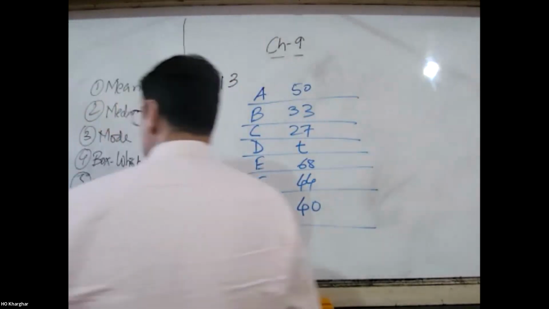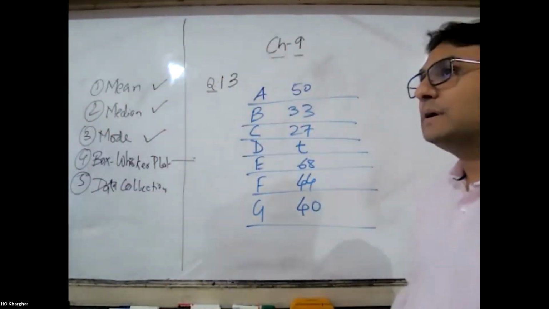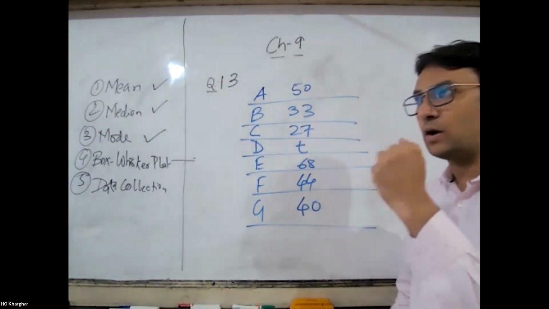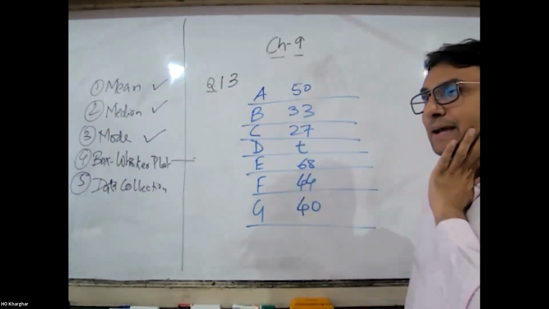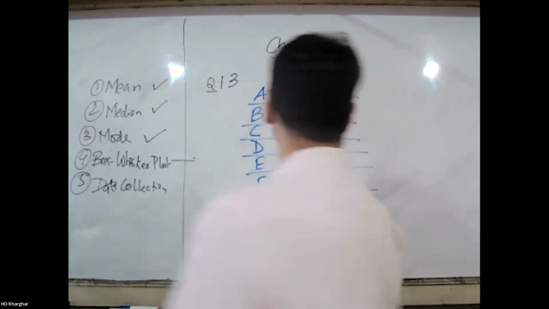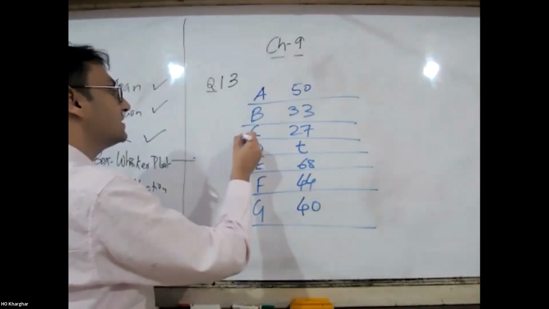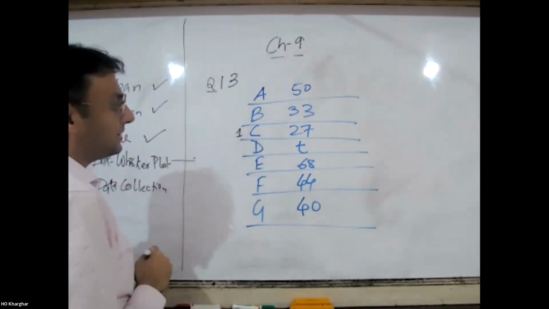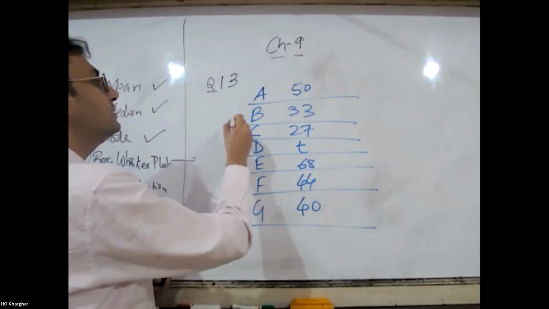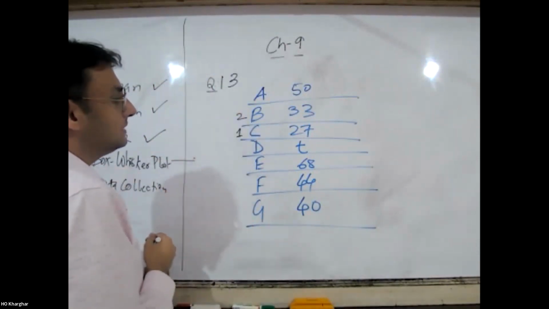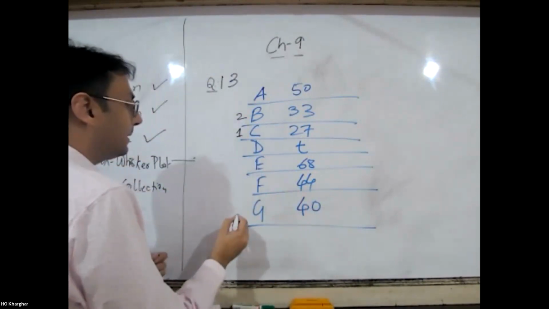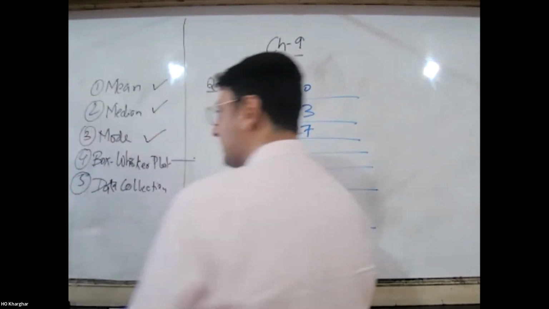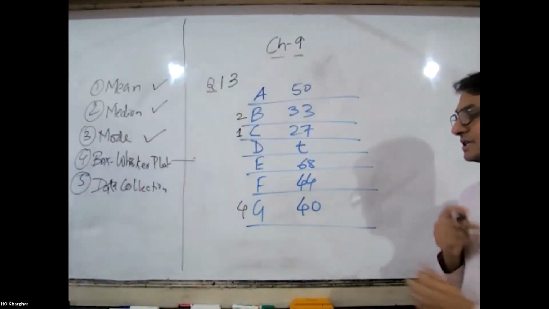If there are 7 cities, then if I arrange them in ascending order, the 4th city would give me the median temperature. Am I correct? So the lowest temperature is C, I'll call it city number 1. Then I have B, which will be city number 2. Then I'll have 3, I don't know which one, but this is for sure city number 4. Do you agree? Because this is the median.